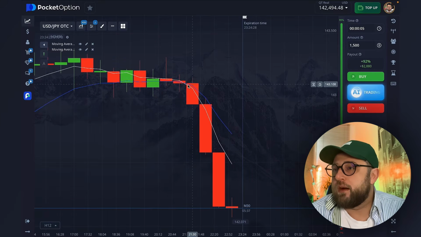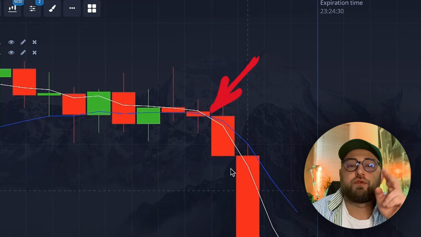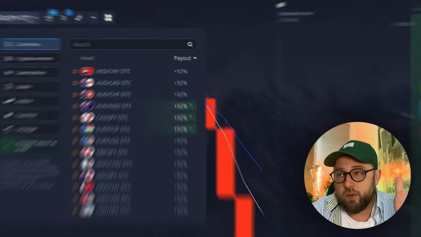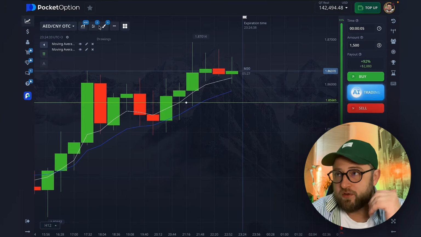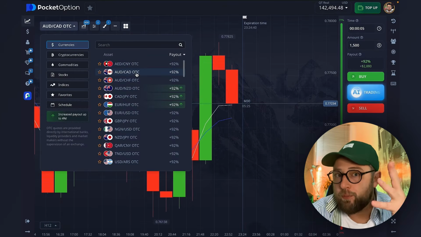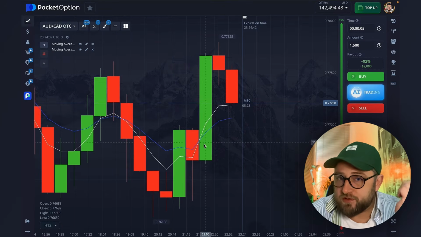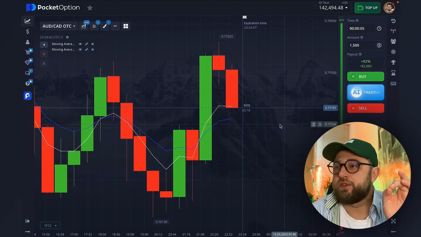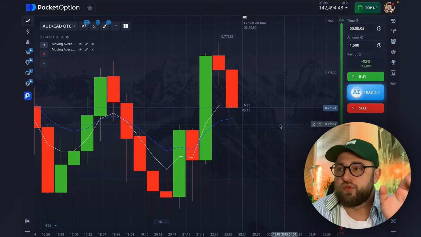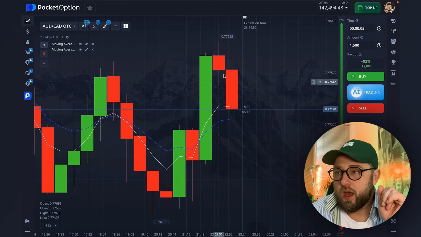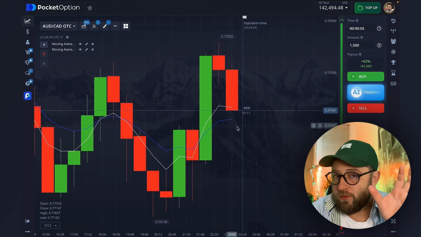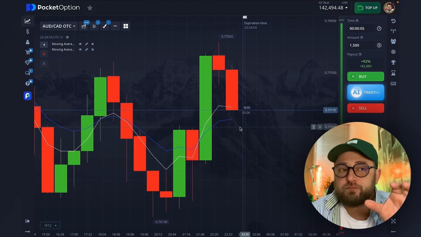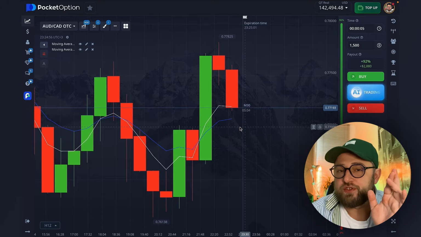Okay, now let's pick the pair. You see that the crossing of two moving averages is a very important and strong signal, which shows us that the trend goes down or goes up, and maybe it's reversing. This is a highly important signal when the two moving averages cross. So one of the points of this strategy is to see the patterns when it's not just a cross.